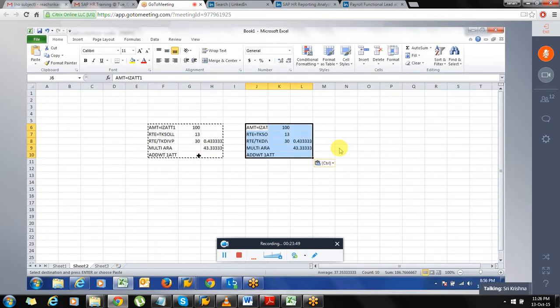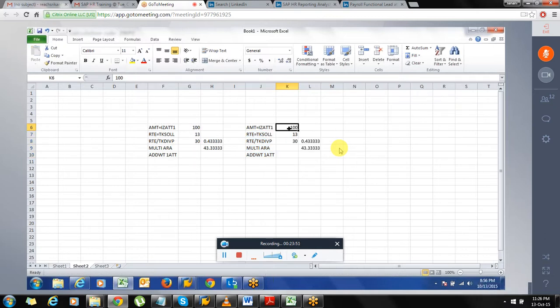So these days become 17, right? You got this much, 56 point, the same logic. If you add both, you will get the final 100 rupees. This is what the simple logic what I done.